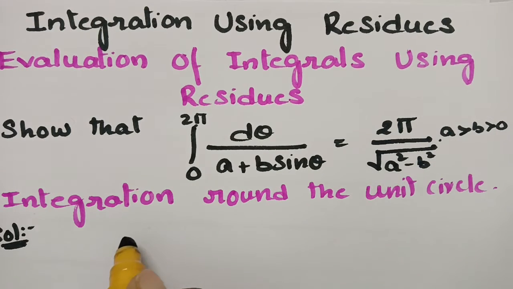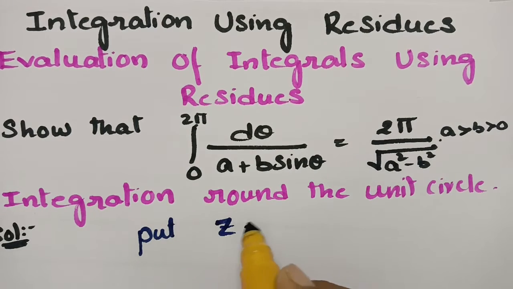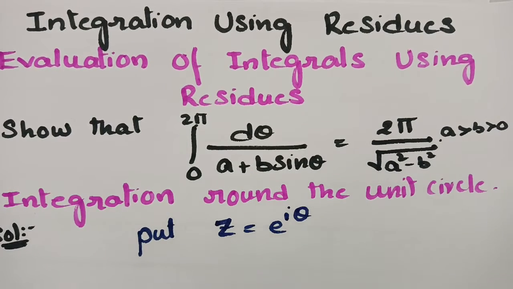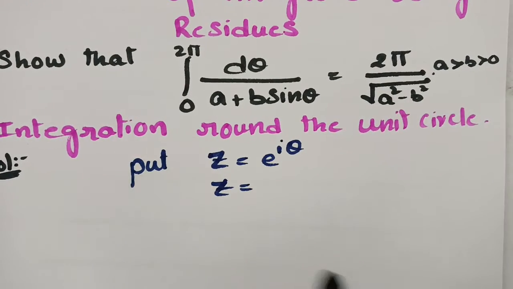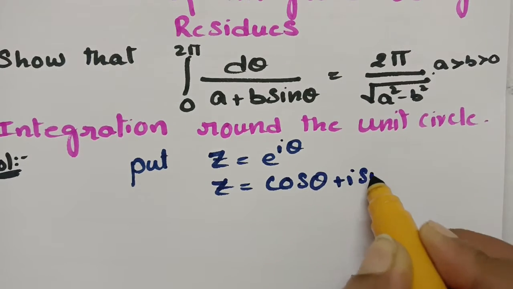So let us consider z as e to the power of i theta. See here, z is equal to e power i theta, which is nothing but cos theta plus i sin theta.